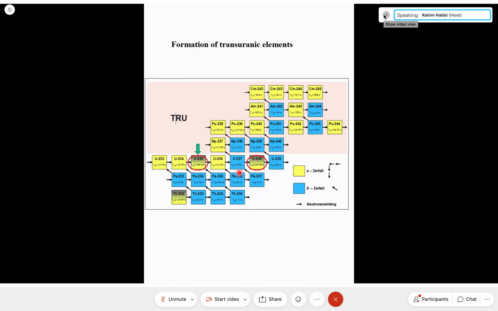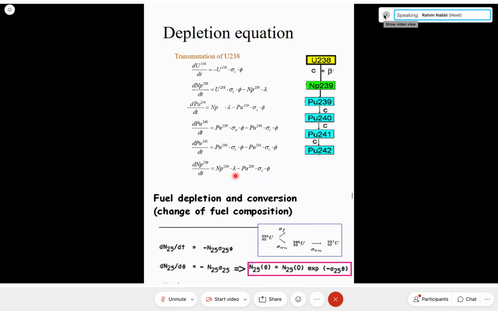Good. Now the question is, what happens with the individual nuclides? That is the point, and how they would be formed or generated, and what is the source.